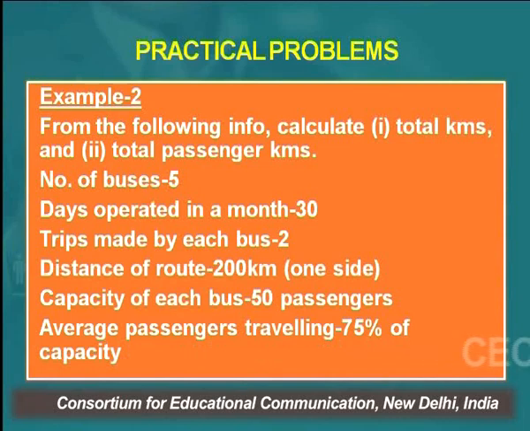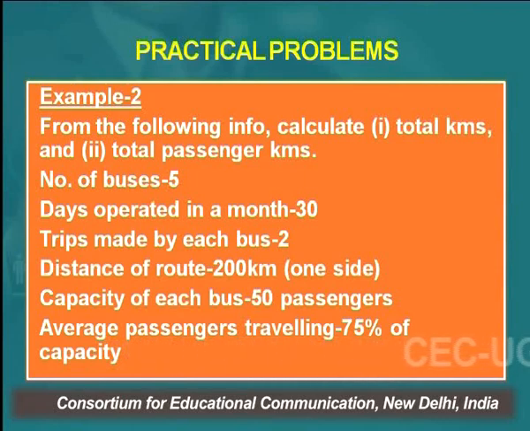Suppose a transport company runs 5 buses. Number of buses is 5. Each bus operates 30 days in a month. Trips made by each bus: 2.